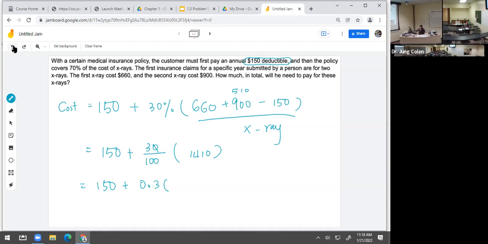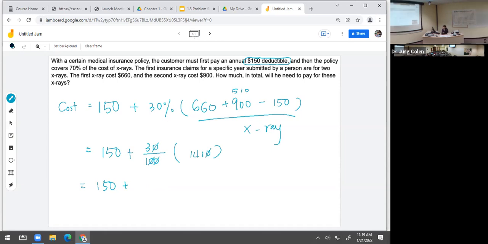Hold on. Before I multiply that by 0.3, I'm going to cancel these two out by dividing both numerator and denominator by 10. Is it okay? And I still have 10 in the denominator, and I'm going to divide 10 into the numerator too. Is it okay? So we have 150 plus 3 times 141.